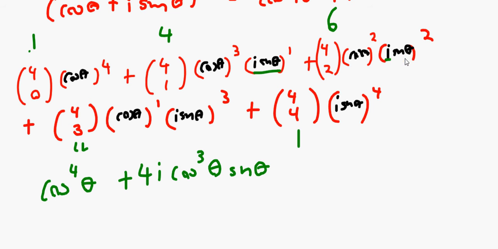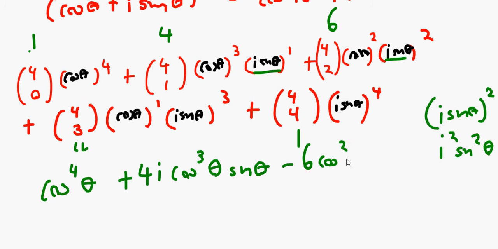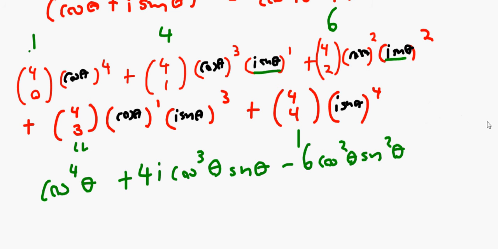Now, can anybody tell me what's i sine theta squared? i squared sine squared theta. And what's i squared? Minus, isn't it? So this one here is going to be minus 6 cos squared theta sine squared theta. Everybody sees the way it has no i in it. So it's going to be no i, no i.